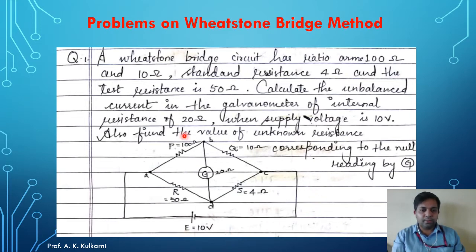So I hope the problem statement is clear. Once again, all the resistance values are given, including the internal resistance of the galvanometer. We need to find the current flowing through the galvanometer under the unbalanced condition, and the supply voltage is also given.